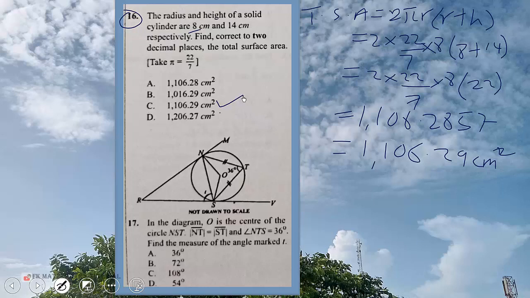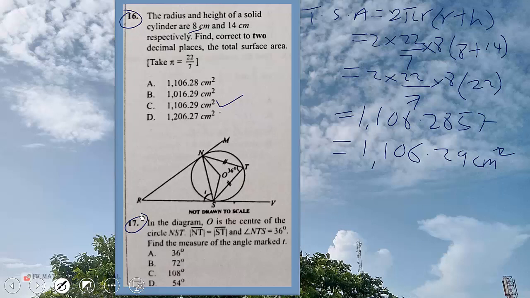In the diagram, we are at question number 17. In a diagram, O is the center of the circle NST. Line segment NT is equal to line segment ST, and angle NTS is 36 degrees.